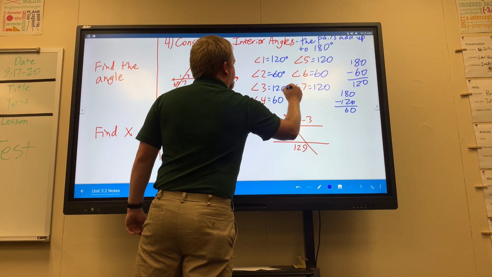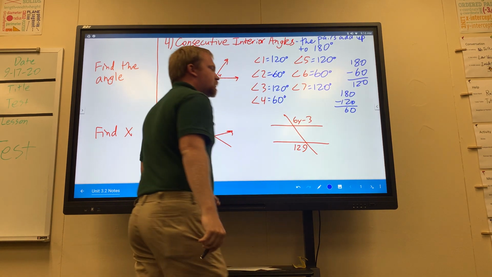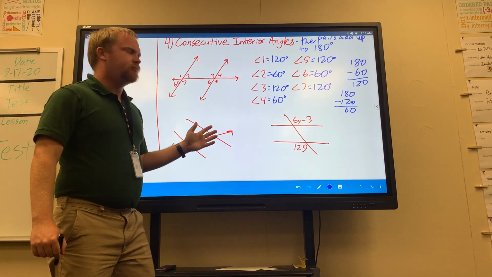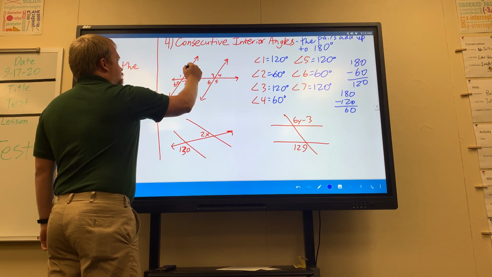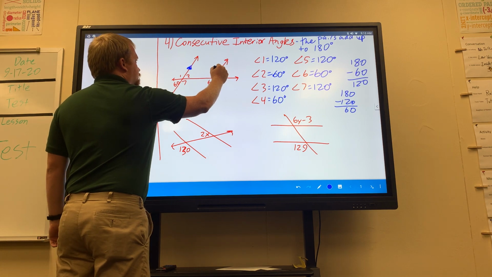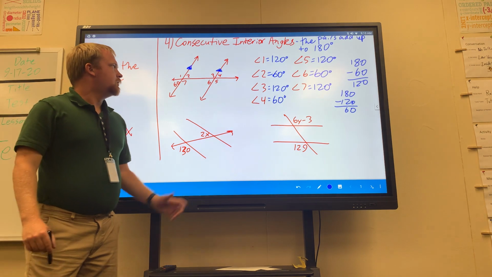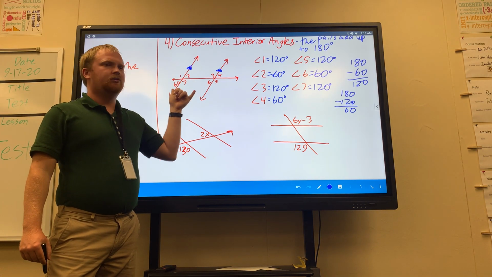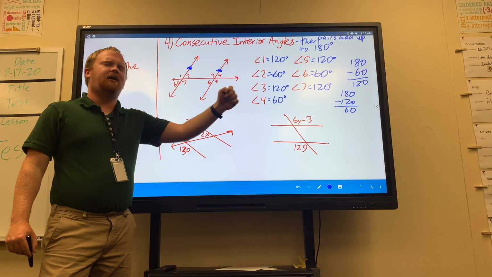I'm going to put a degree sign for each one. Okay? So that's how I can go about finding my angles, given that the two lines are parallel. I just gotta know and be aware of the pair of angles that I have.